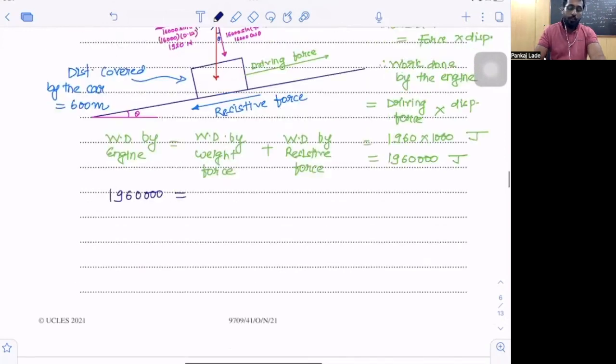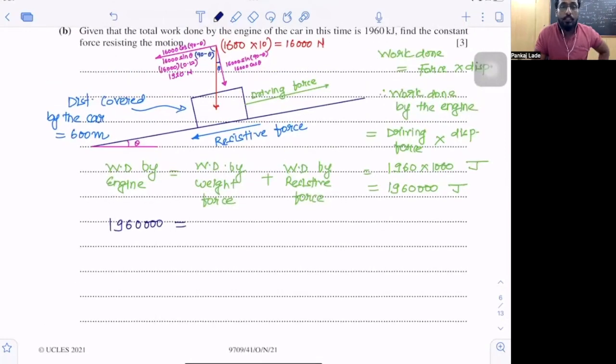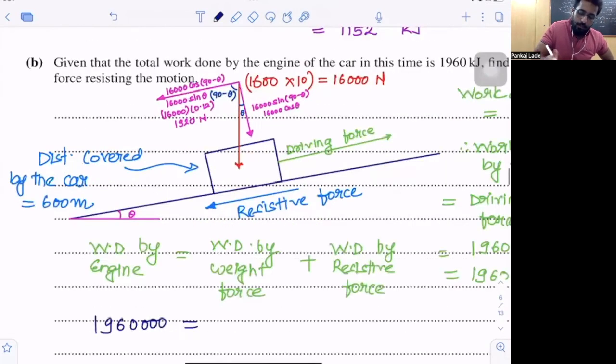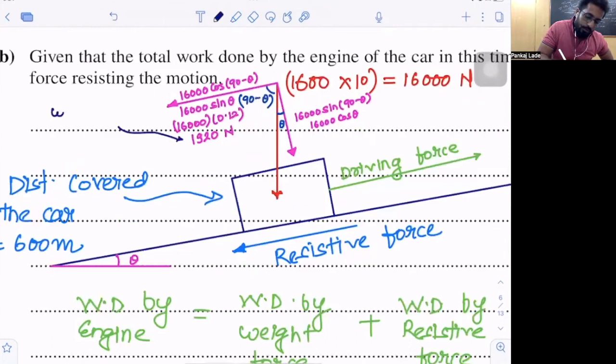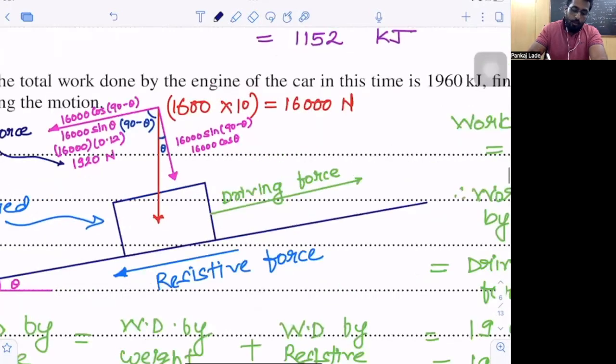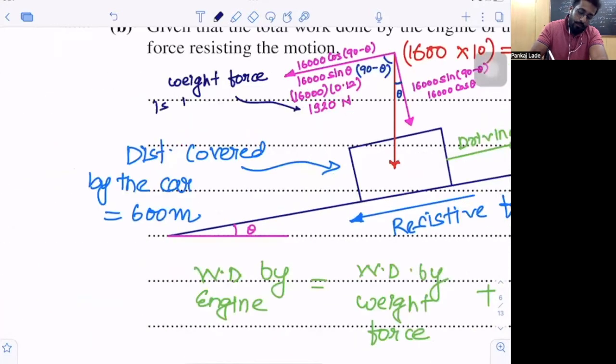So what's the weight force? Weight force is 1920 newtons, if you recall. This is the weight force here. The weight force which is perpendicular to the motion will produce zero work. So this component of the weight force is in the direction of motion, so this is responsible for the work done.